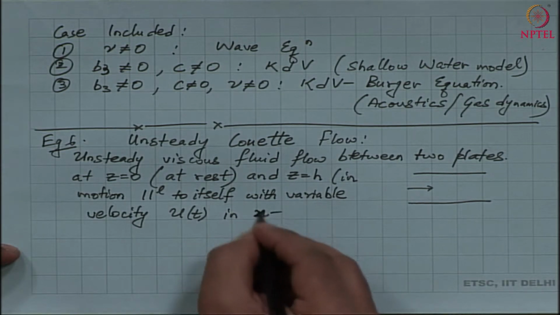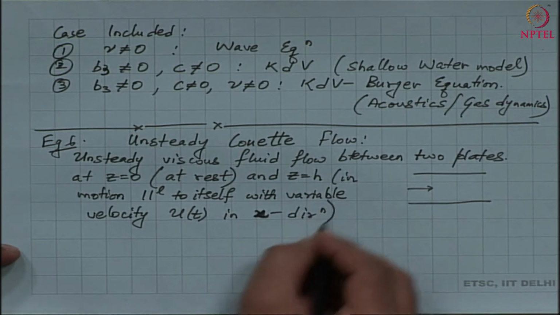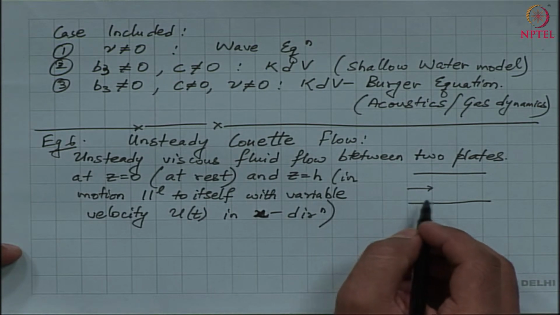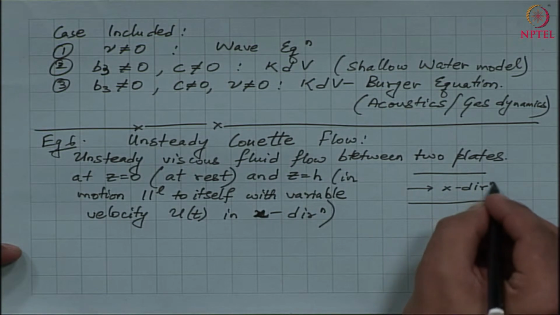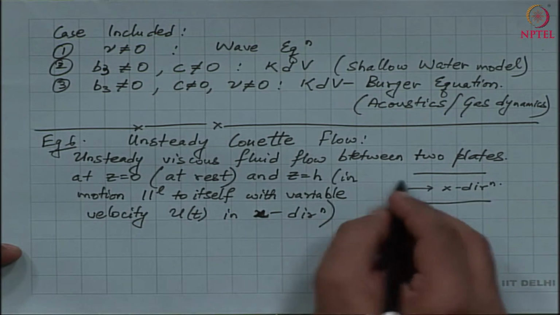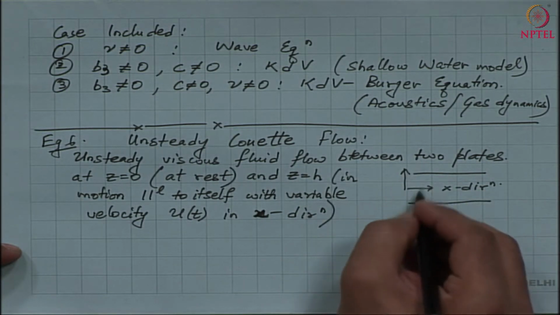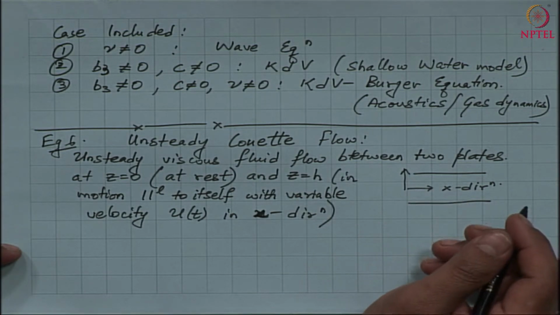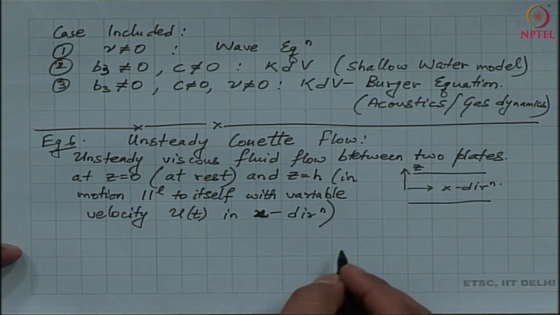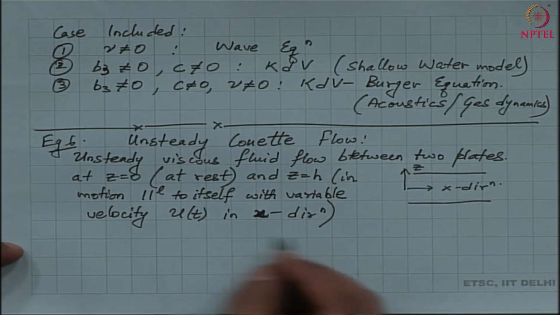Okay. So, let me just set my frame of reference. My x direction is the following, this is the following x direction, and my z direction is perpendicular to this. So, this is my z direction, and I am further given.